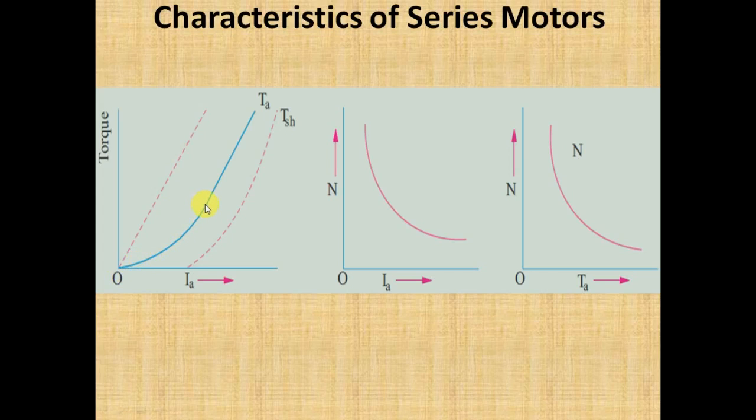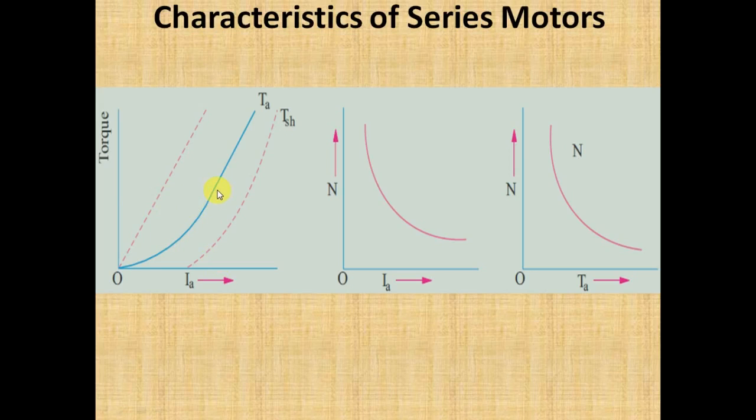See, after this particular value of armature current, the characteristics will be almost linear in shape. As the value of armature current is increased, the field current will be increased and the field poles are operating above the magnetic saturation region.